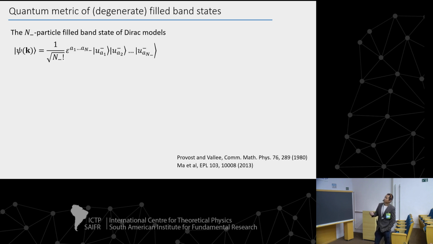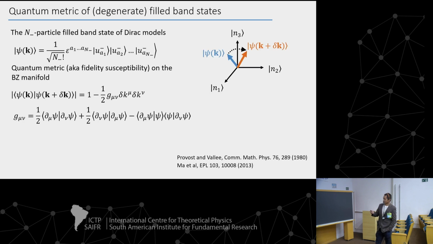So if you have Dirac models and you focus on this n-particle filled band state, either the valence band states or the quasi-Hall states, and remember they are fermions, so you need to make them fully anti-commute. Then you can construct a quantum metric from the overlap of these valence band states at momentum k and a slightly different momentum.